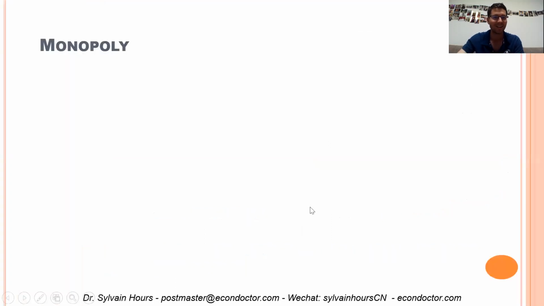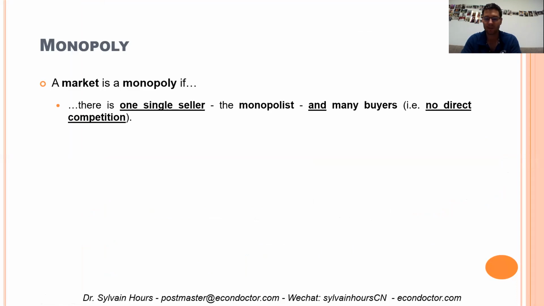Okay, so what is a monopoly? That is the first skill that your students must learn. It's a market structure that is characterized by three main features. The first one is that there is one single seller that we call the monopolist, and sometimes students forget to mention how many buyers there are.